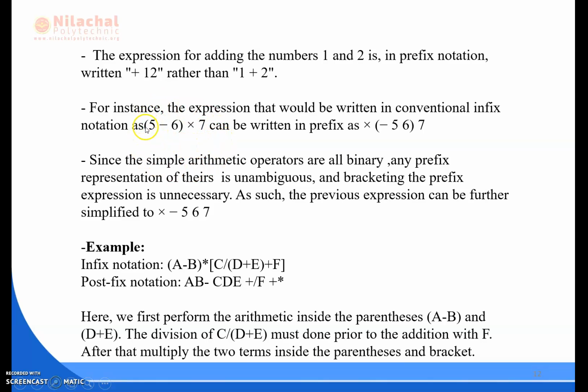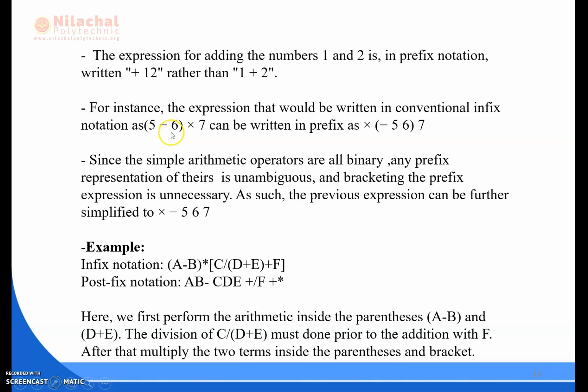The same precedence priority will be followed, so we solve the bracket first. 5 minus 6: 5 is an operand, 6 is an operand and minus is the operator. We write the operator first, then the two operands. So the bracket has been solved first, that is minus 5 6.